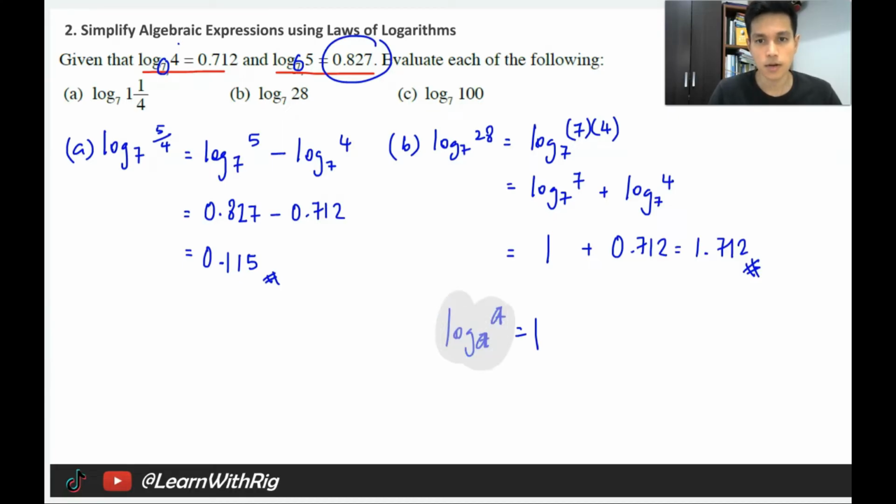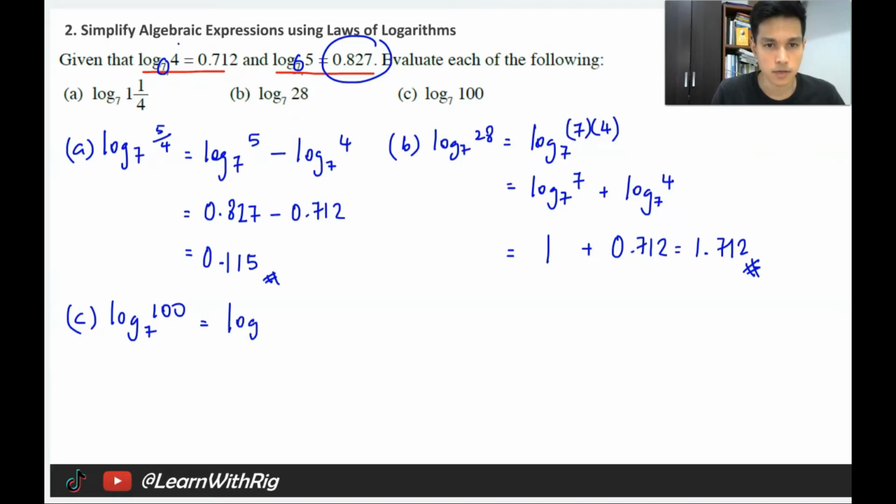Okay, now the last question, log 100 base 7. What can you do to get 100? You can take 5 times 4, which is 20, times 5 again. So I change to 5 times 5 times 4. 5 times 5 is 25, times 4 is 100.